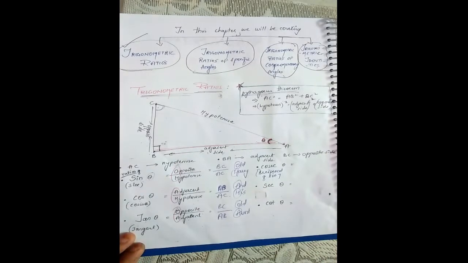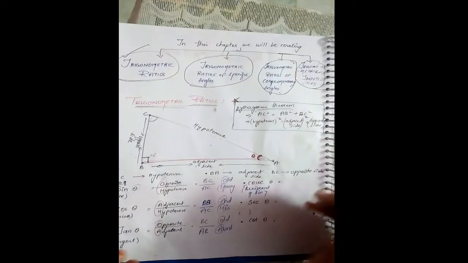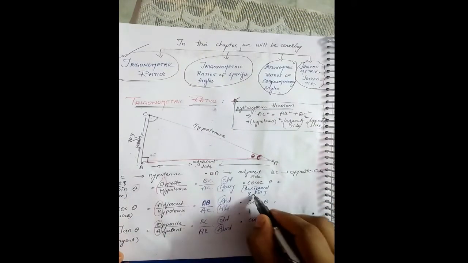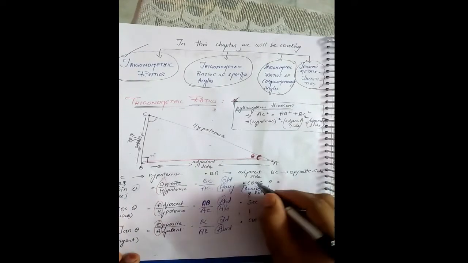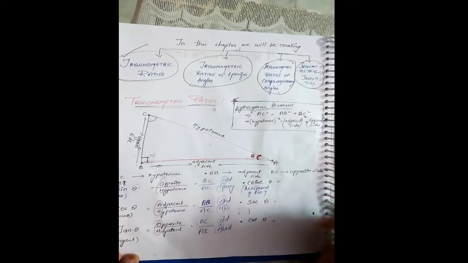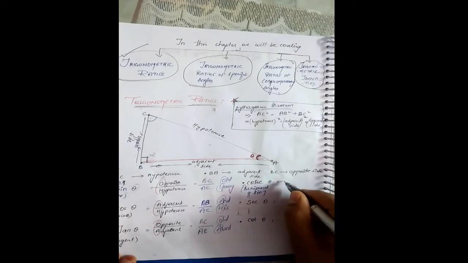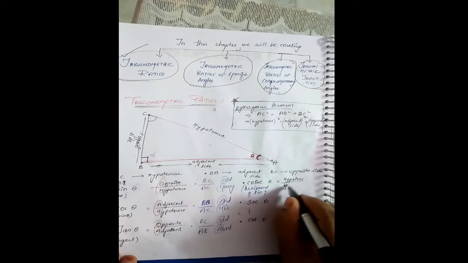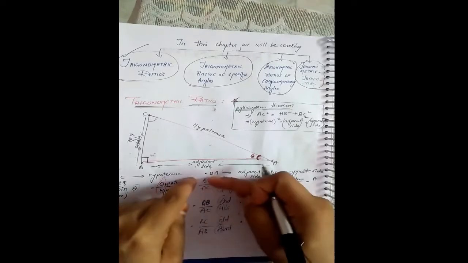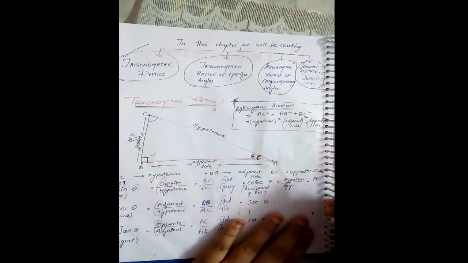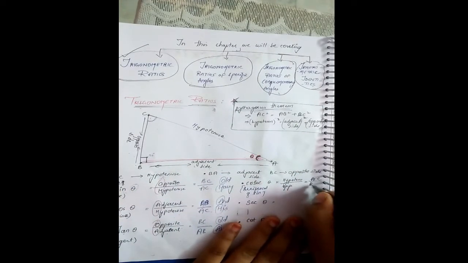Now, cosecant theta is nothing but the reciprocal of sine theta. Cosecant is said as cosec, okay. So it is hypotenuse divided by opposite, nothing but simply reciprocating it. AC by BC.